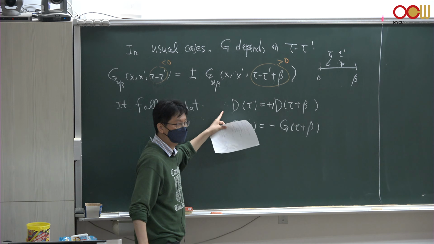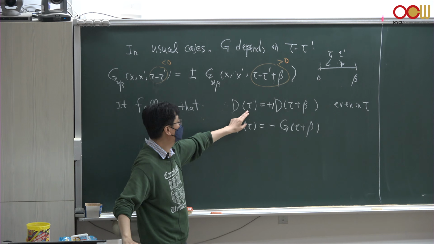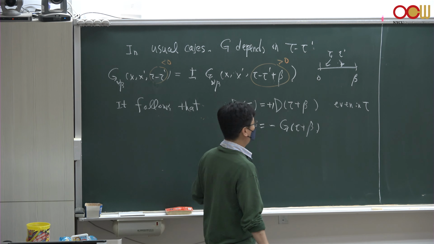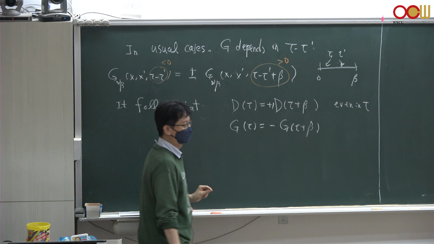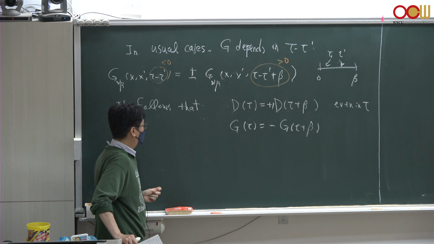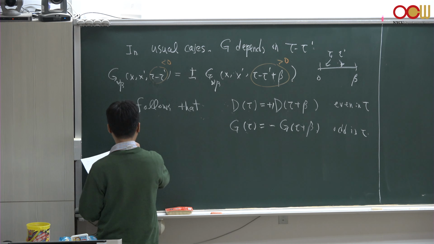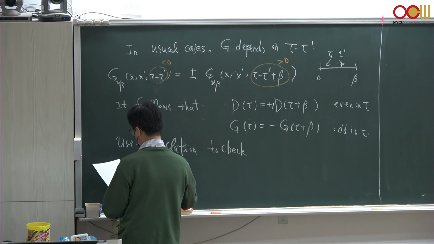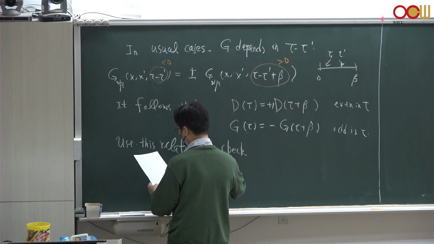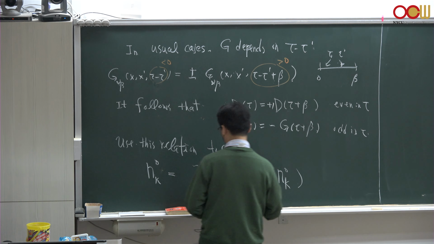Which means that this is symmetric, or even, in tau. Remember, when tau is negative, you could simply shift this time to the positive side of the time axis, and you still get the same correlation. But for fermions, you need to take the extra minus sign here. So we can use this relation to check the fermion and boson cases. The Fermi-Dirac and Bose-Einstein distribution functions could be derived from these periodic or anti-periodic boundary conditions.